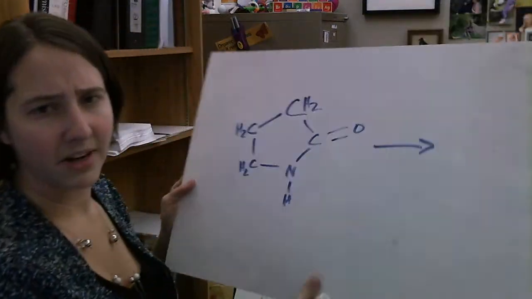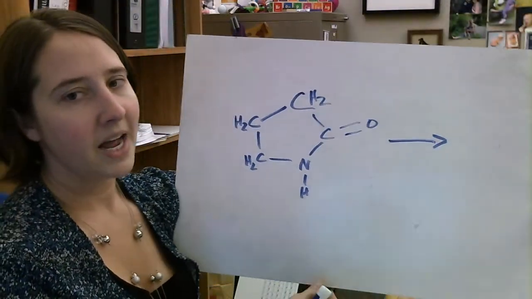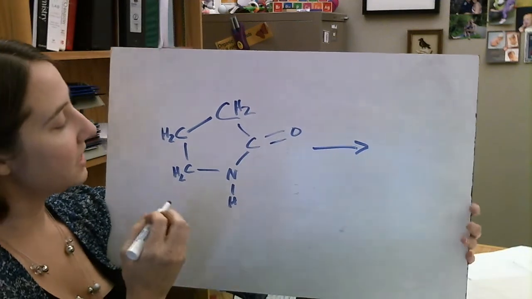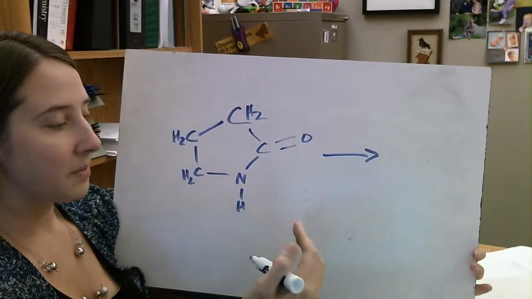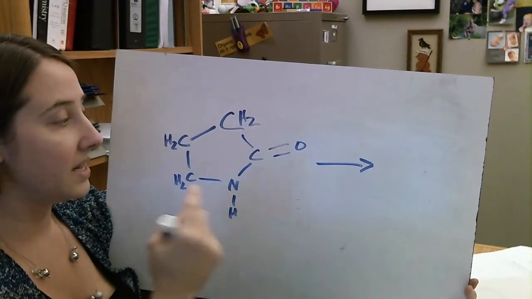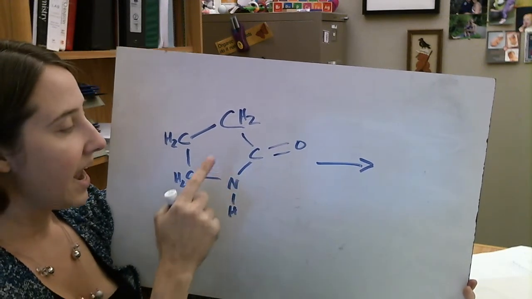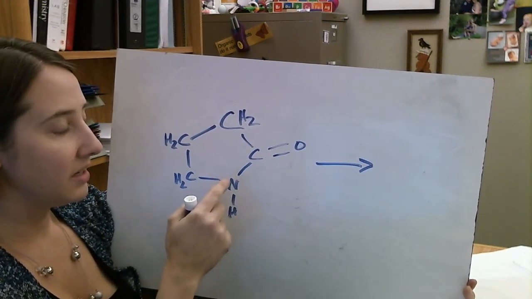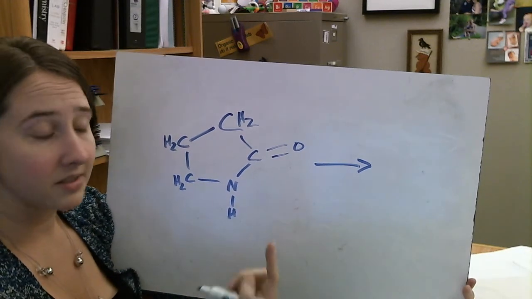The very last question is exactly the opposite of the reaction I just talked about. It's amide hydrolysis, and in this reaction, it's the exact opposite. Just like we talked about, the CN bond was what was formed there. Well, in this reaction, I'm starting with the amide, and that CN bond is the only thing that breaks.